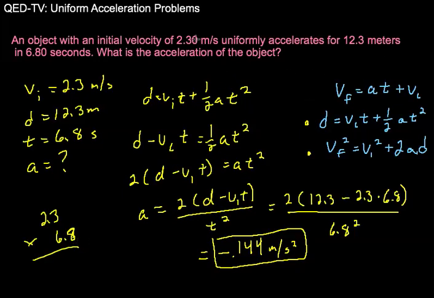So even if it's at constant velocity, in 6.8 seconds it would have been further along than 12.3. So for it to stay within this distance in this amount of time, it had to actually be slowing down. So that's why we got this negative 0.144 meters per second squared here.